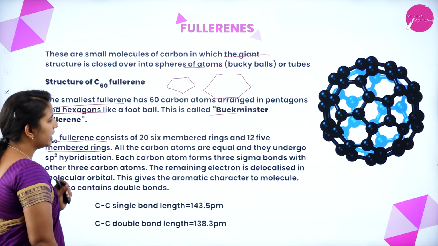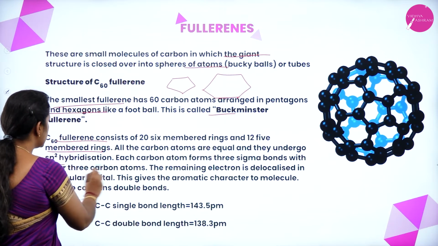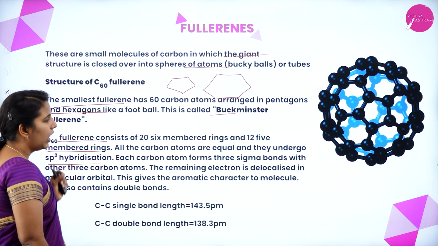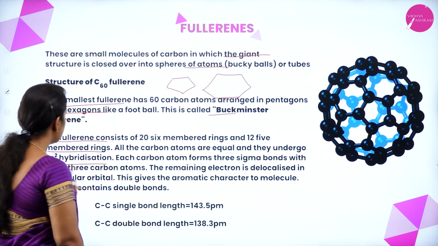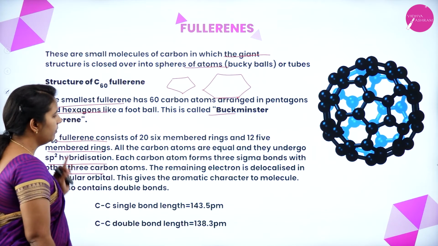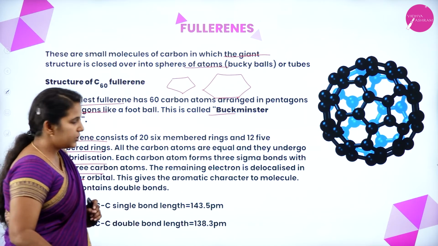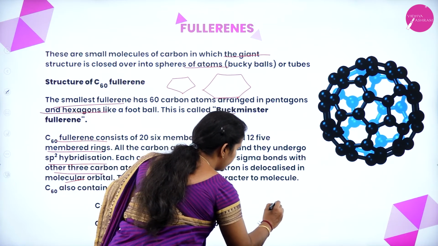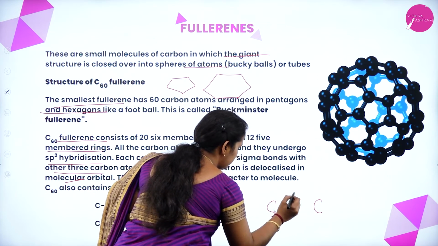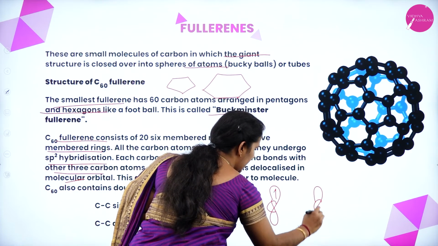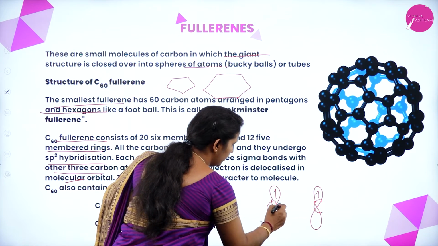The carbon atoms are equal in number and undergo sp2 hybridization. How many bonds does each carbon atom form? 3 sigma bonds with 3 other carbon atoms, and the remaining one is delocalized and forms a pi bond. I will show you how it looks. This is one unhybridized p orbital.